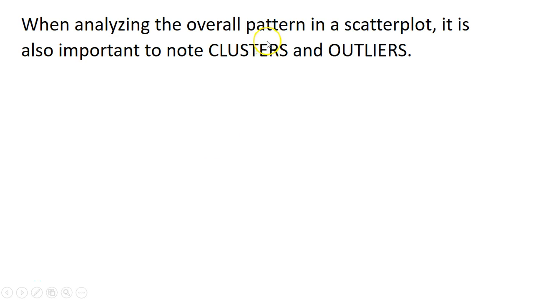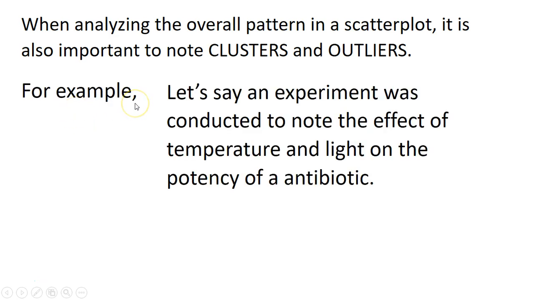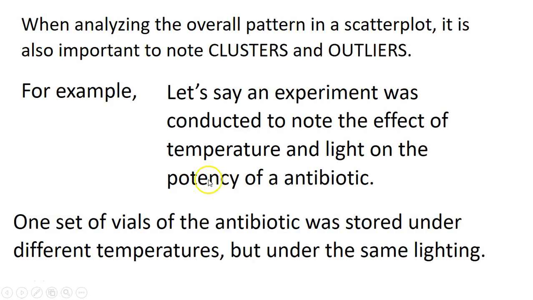When analyzing the overall pattern in a scatter plot, it's also important to note clusters and outliers, right? So for example, let's say an experiment was conducted to note the effect of temperature and light on the potency of an antibiotic, right? One set of vials of the antibiotic was stored under different temperatures, but under the same lighting.